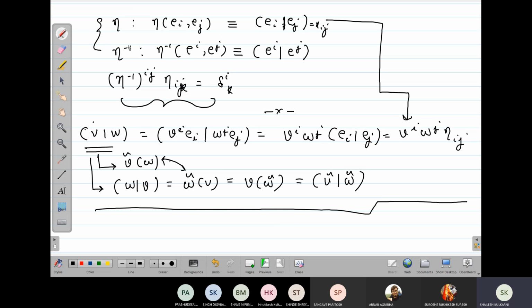So this we have done. This is the general procedure. It applies to Euclidean space or even Minkowski space.